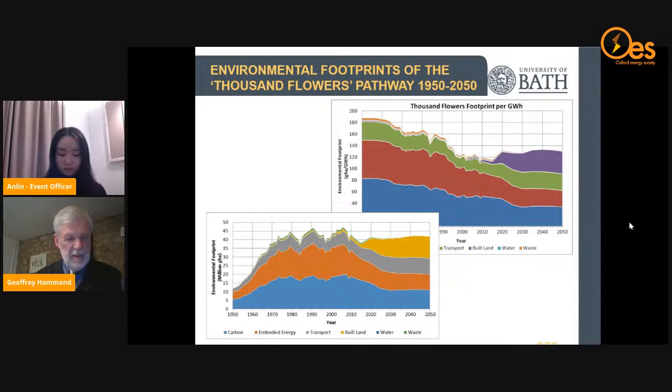The interesting thing about this is if you look at the built land component, you see that's quite large. It's about a quarter of the total environmental footprint is due to biodegradable land. And the top slide is the equivalent data in slightly different colors, but this is in terms of the footprint per gigawatt hours of energy use.